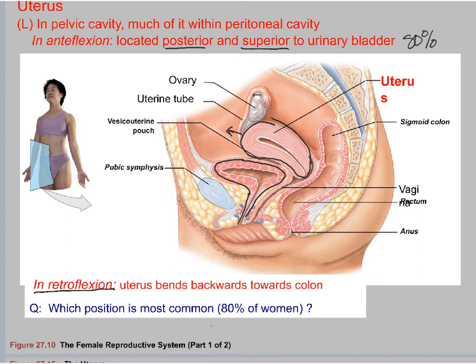But the fundus can point a little bit more backwards, and that position is what we call retroflexion. There isn't any clinical significance to that. It doesn't affect a woman's ability to get pregnant or carry a fetus. It's just the variation in which the uterus can sit within that pelvic cavity.